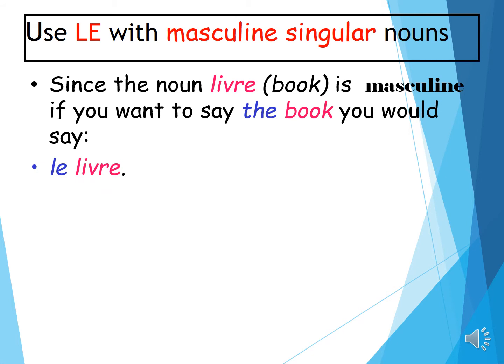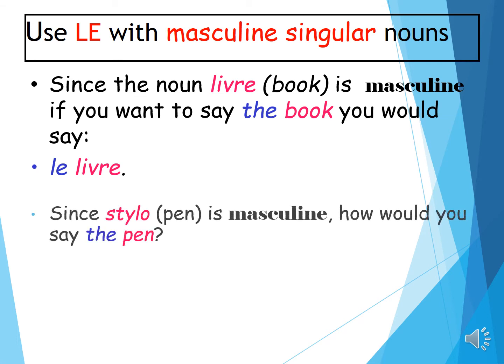Let's see another example. Stylo, which means pen in English, is masculine in French. So how would you say "the pen"? Le stylo. So you will be using le with a masculine singular noun.